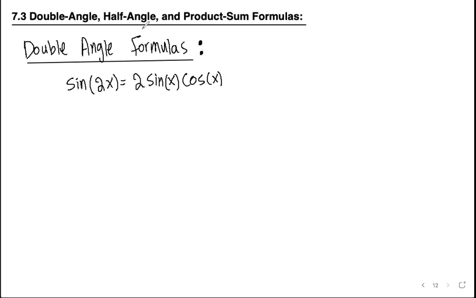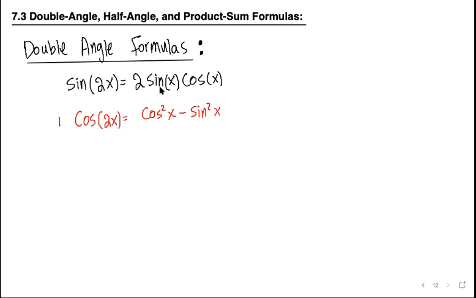This is the first one. The second one is for the cosine. So you have to know the cosine of 2x is equal to, it has three formulas. The first one is cosine square x minus sine square x.